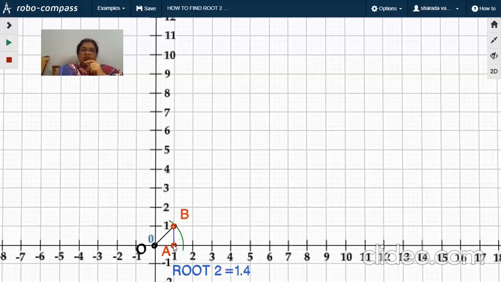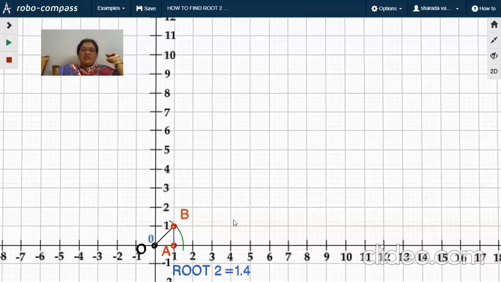Therefore, OA square plus AB square is equal to OB square. So the value of OB will be root of 1 square plus 1 square, that is root 2. So when you take center as O and radius as OB, when you draw an arc, that arc will intersect the x-axis at somewhere about 1.4.